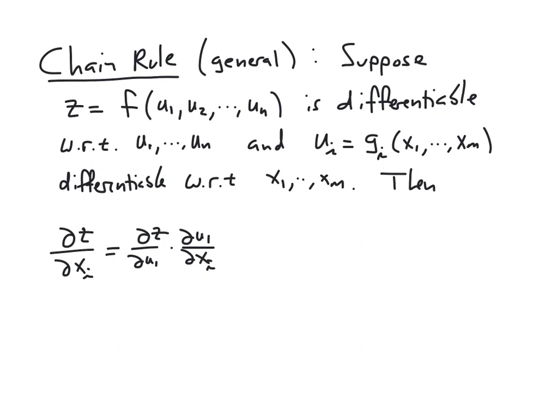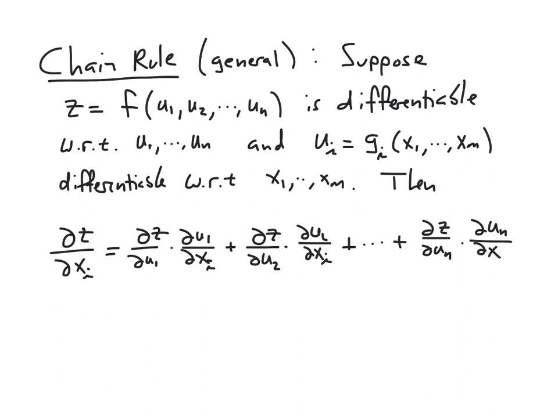Right, so z differentiated with respect to u1, the first variable, multiplied by the first variable differentiated with respect to the variable that we want, plus del z del u2, multiplied by del u2 del xi. And we're going to have one of these summands for each variable u. So there'll be n of these summands. The last one will be del z del un, times del un del xi.